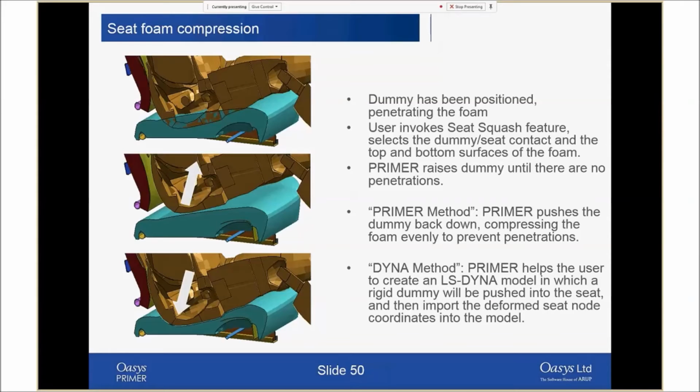In the Primer method, Primer pushes the dummy back down, compressing the foam to prevent penetrations. In the Dyna method, Primer will help to create an LS-DYNA model in which the dummy is rigidified and then pushed back down into the seat. At the end of that, you can import the deformed seat node coordinates back into the model.